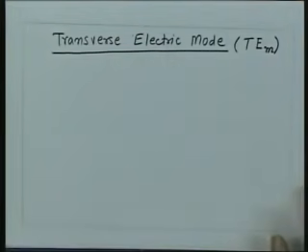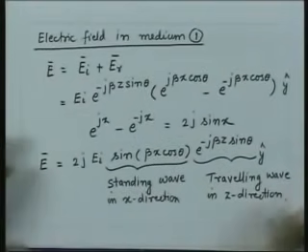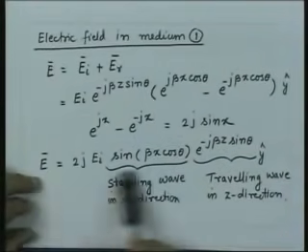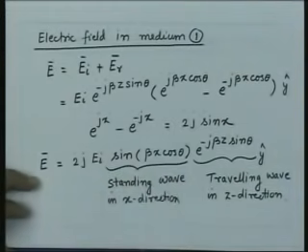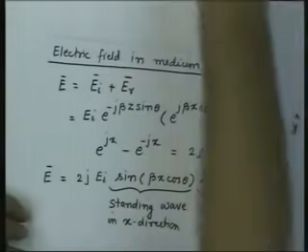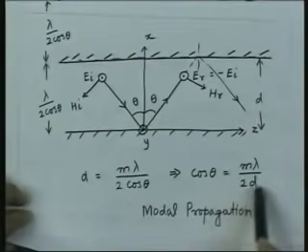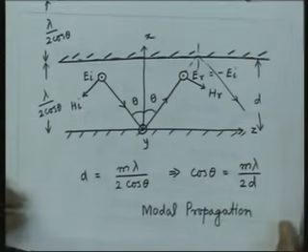Once we get this, then we can go back to our fields which we have derived in the last lecture, that now the electric field is essentially given by this, and cos theta now is equal to this quantity m lambda upon 2d.